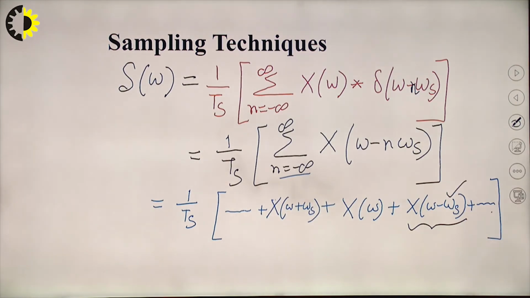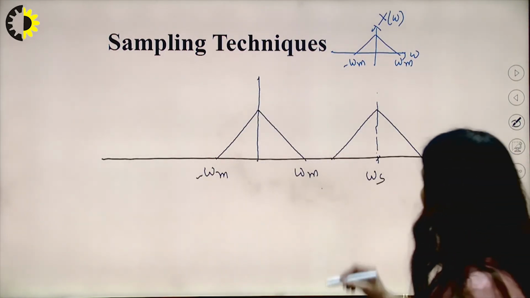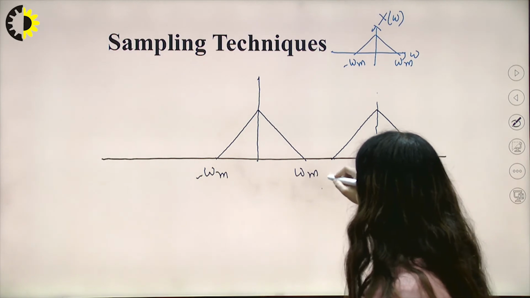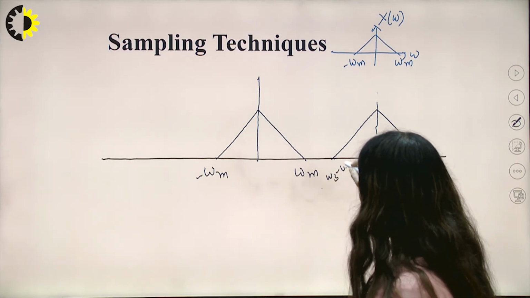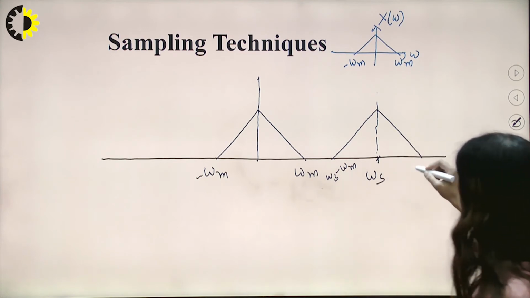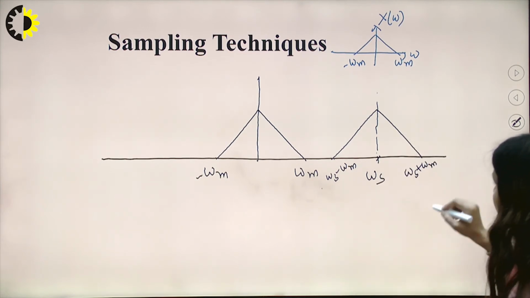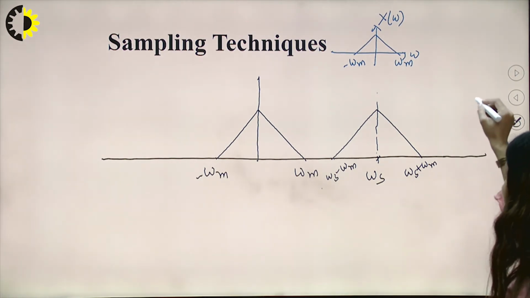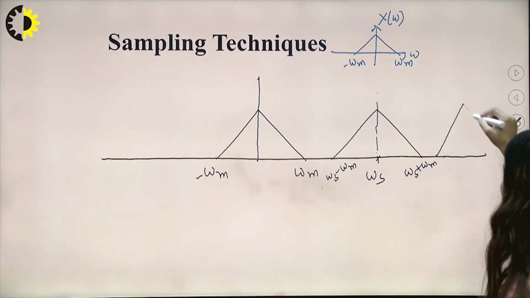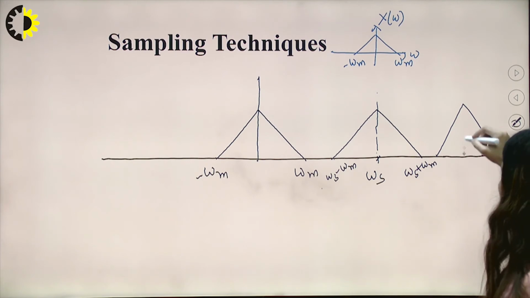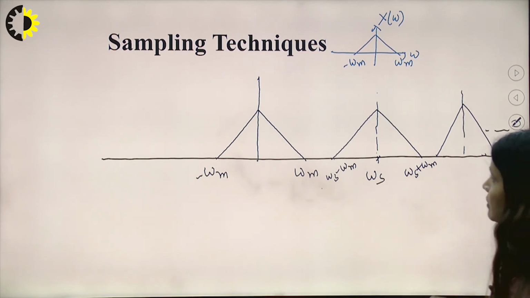Because we have shifted this to omega s, and this is omega s minus omega m, and this is omega s plus omega m, and similar structures will be obtained here.